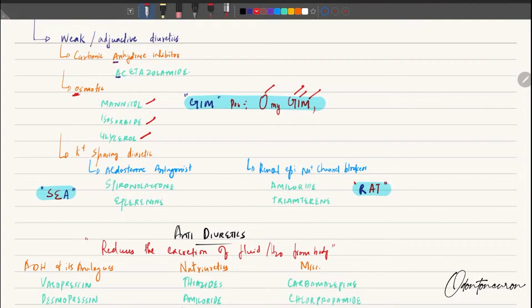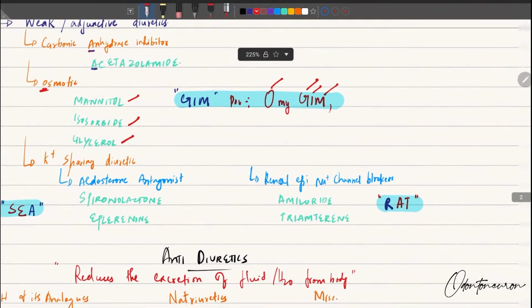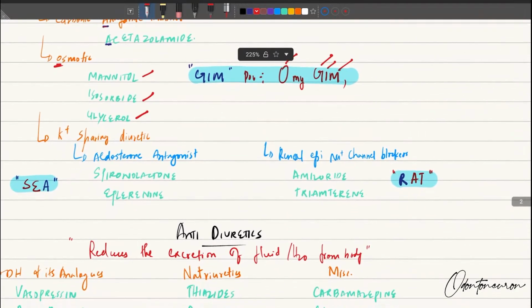So in weak diuretics, we first studied the carbonic anhydrase inhibitor, acetazolamide. Now we studied osmotic diuretics, and the mnemonic is OGIM. Clear? I'll zoom it out so that you can see it a bit more clearly.